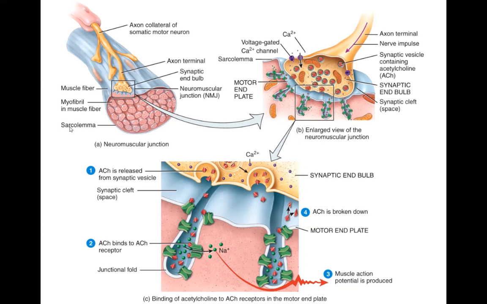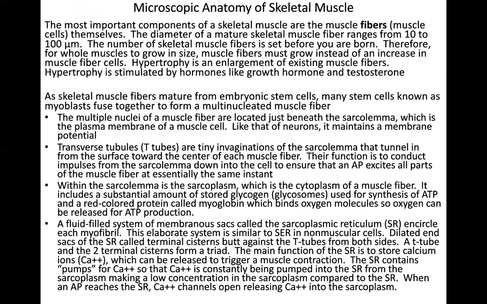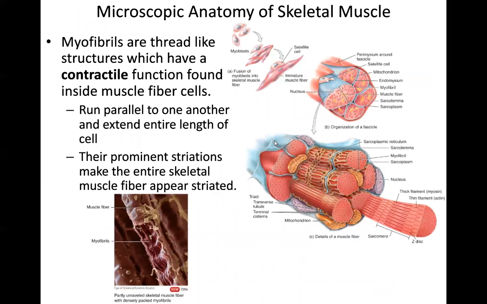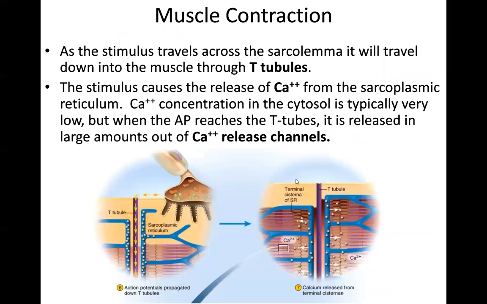Remember, the sarcolemma is just a fancy term for the plasma membrane, right? But the other day, if I go back to this figure, we learned that we want to take that action potential from the outside of the cell and carry it inward, which is what these T-tubes do. So let's talk about those T-tubes and show an illustration with it occurring.